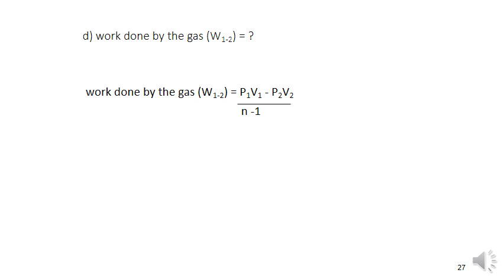Work done by the gas is P1 V1 minus P2 V2 divided by n minus 1. Substitute all the values, P1, V1, P2, V2. After that we will get the work done as 23.33 kilojoules.